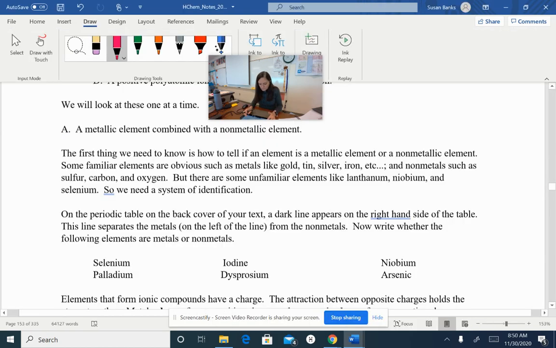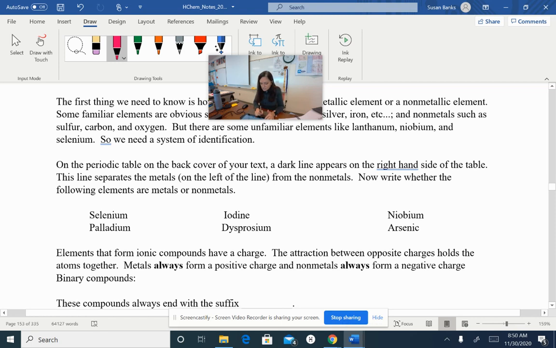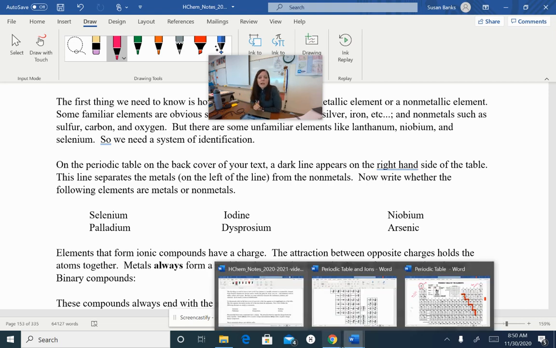Okay, so we are going to take a minute and look at selenium, palladium, iodine, dysprosium, niobium, and arsenic and determine whether they're metals or nonmetals really quick. So I'll do the first couple with you, and then I'm going to let you pause the video and put things together. Okay, so let's look at selenium.